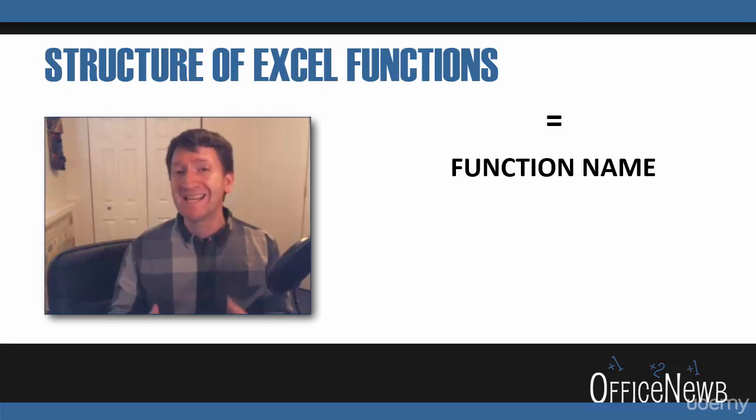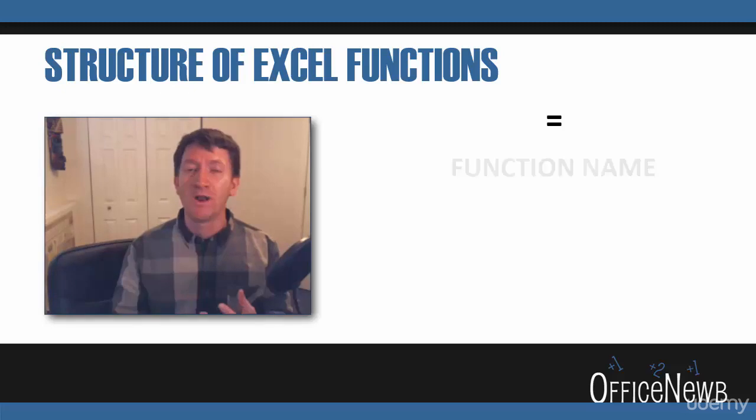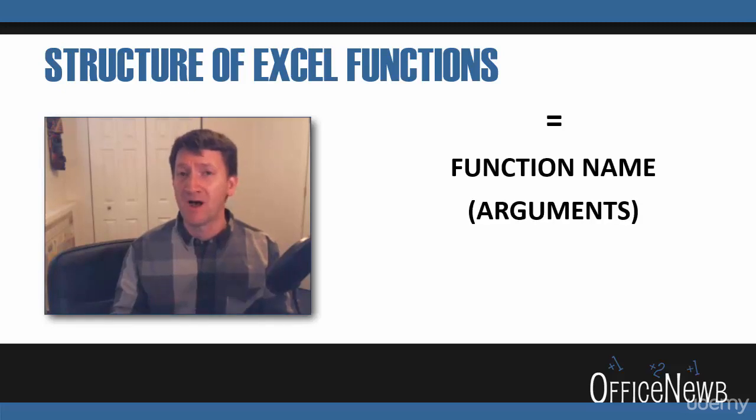Really, they're built-in calculations. By specifying the function that you want to use by its name, next, Excel knows what arguments are going to be supplied or needed for this function. So each function has a set of arguments. And essentially, the arguments just tell the function what it is that you want to work with.